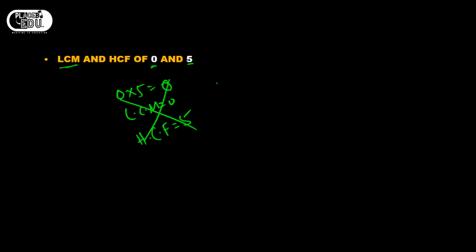Because for this you have to go into the definition of LCM. LCM is a number which should be divisible by the two numbers. That is, A and B are two numbers, so we get a number C, right?